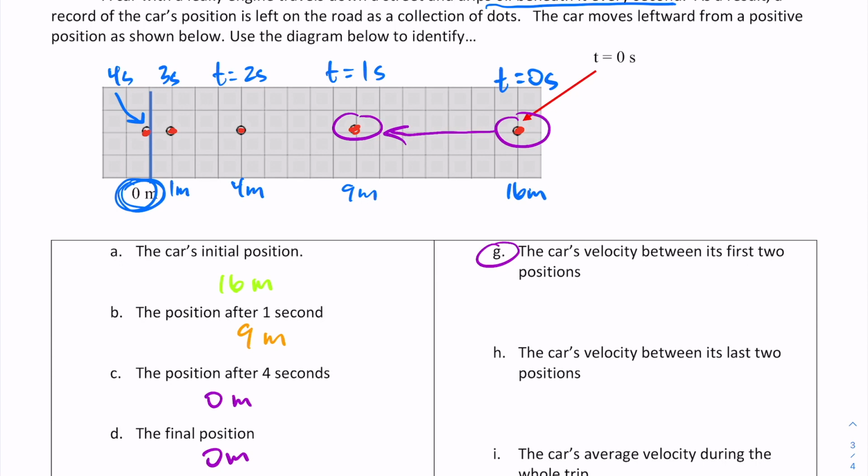So here we go. This is a horizontal velocity, and it's the change in position over the change in time. Well, the change in position is it's going from 9 meters finally to 16 meters initially, and it's doing that in 1 second.